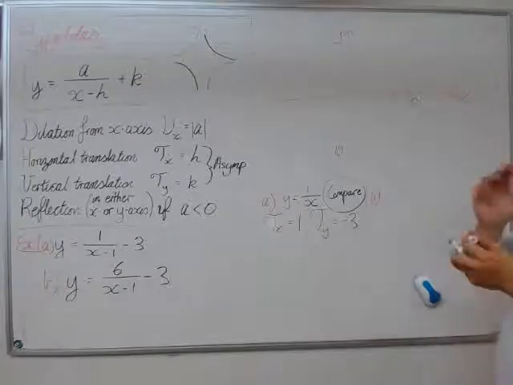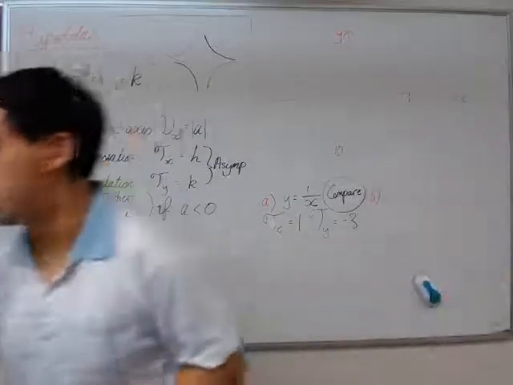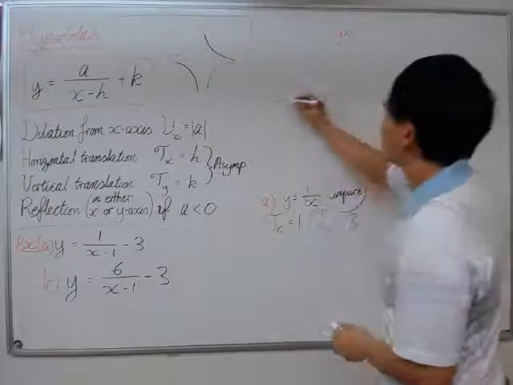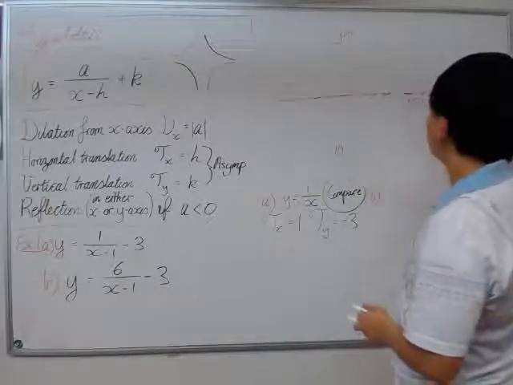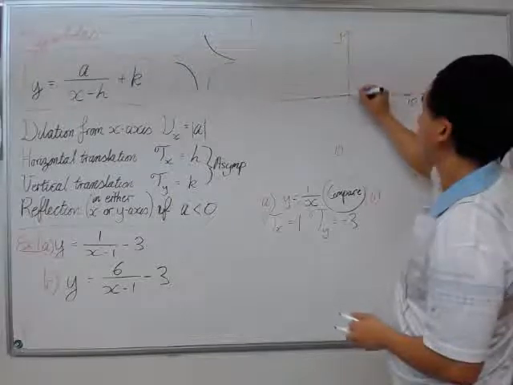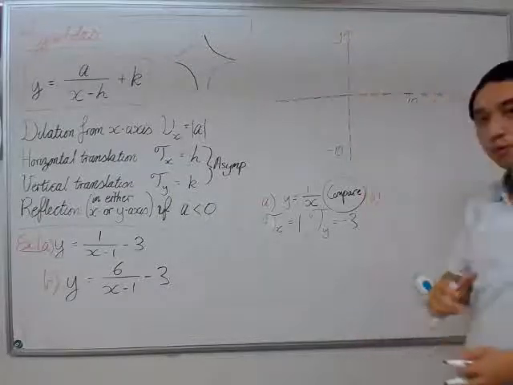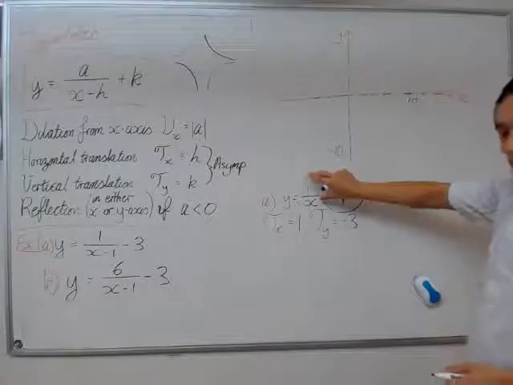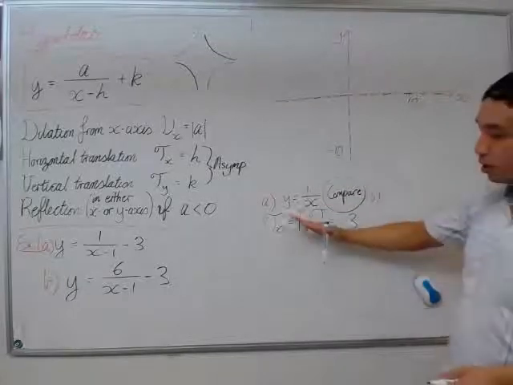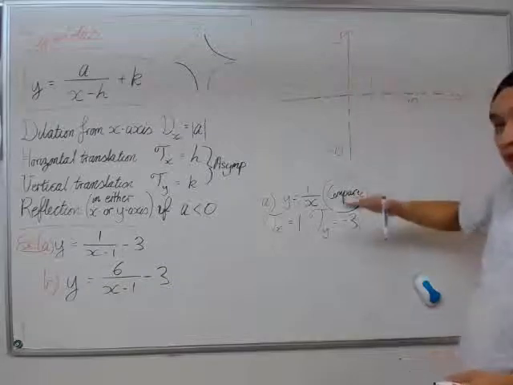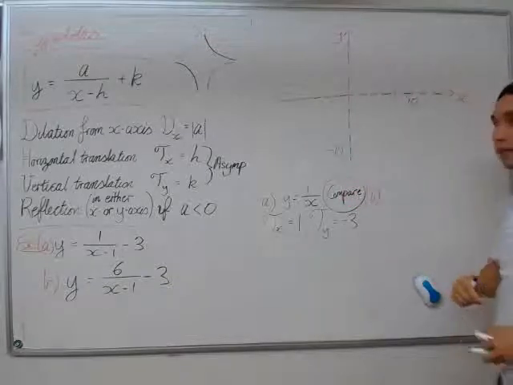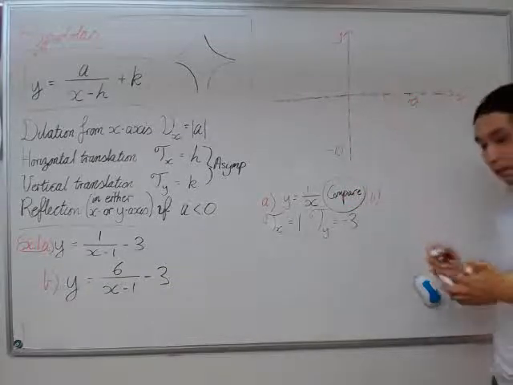Okay, but what does this tell us? Remember that our initial asymptotes look something like this. It's going to be along the x-axis, and it's going to be along the y-axis. So those were our initial asymptotes from the first graph over here. But when you shift your graph one to the right and your vertical translation down by 3 units, this also means that the asymptotes are going to move by the same amount.